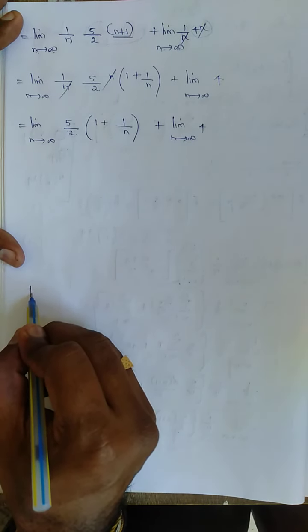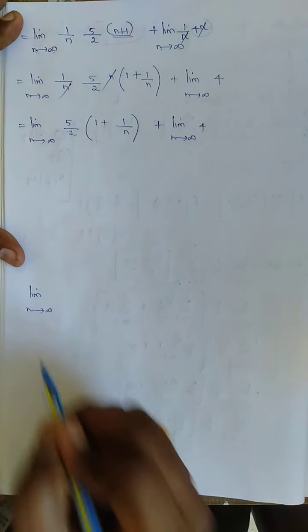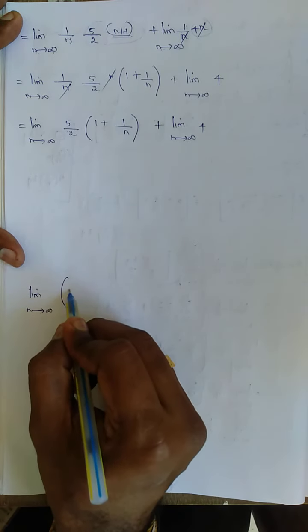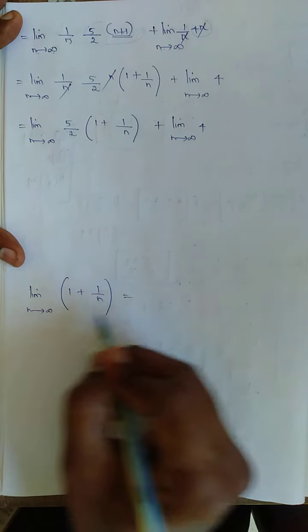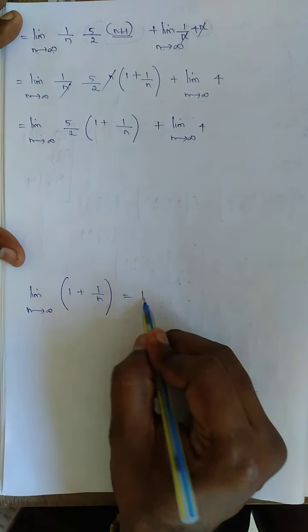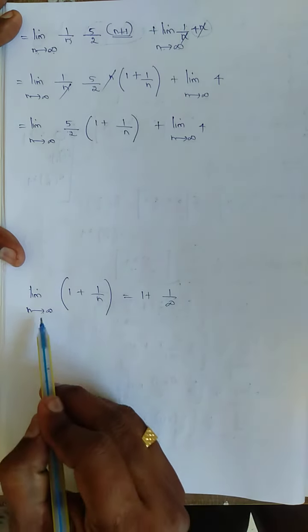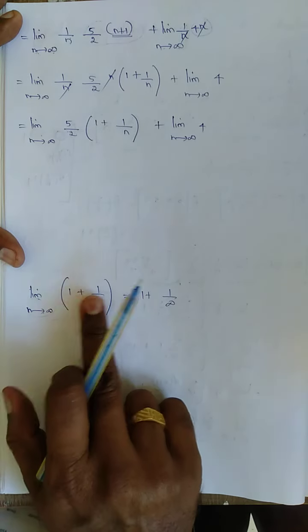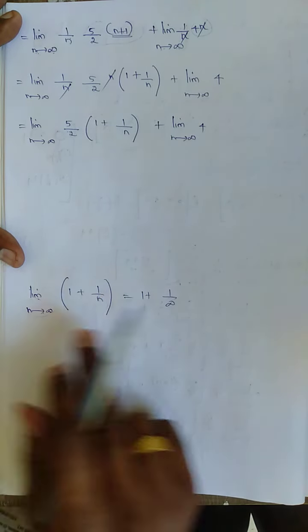I want to teach you one thing. Listen carefully: limit n tends to infinity of 1 plus 1 by n. In place of n, I need to apply infinity, 1 plus 1 by infinity. Once I have applied it, I should not put the limit once again here.